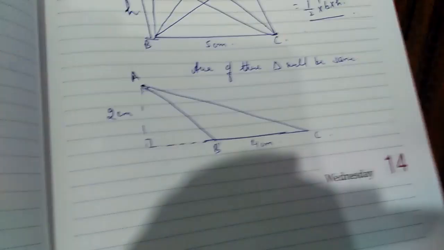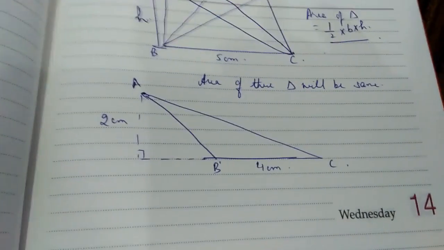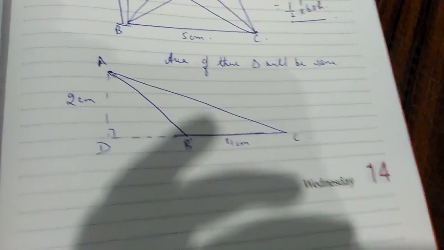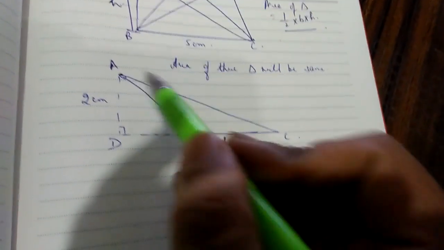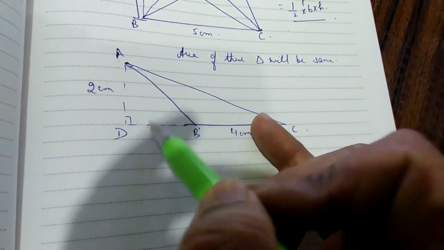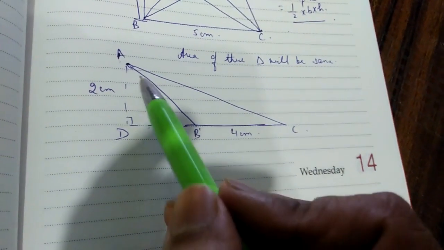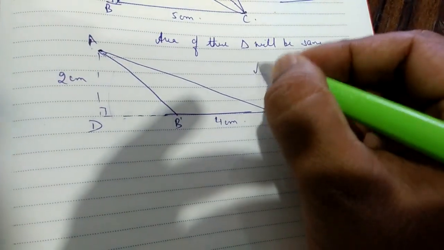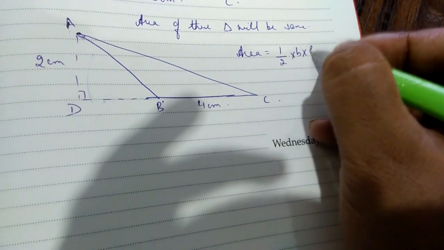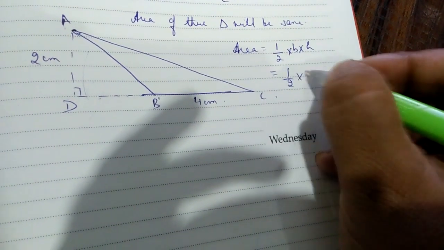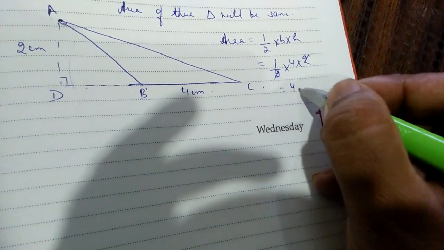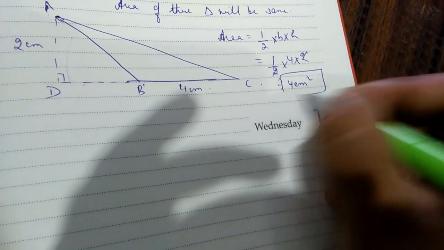Construct it meaning there is nothing given about AD, which is the height of this particular triangle. We have to understand that generally this is how height is drawn. So the area of this figure is half of base into height. Base is the same, 4 centimeters, height is 2 centimeters, so 4 centimeter square is going to be your answer.